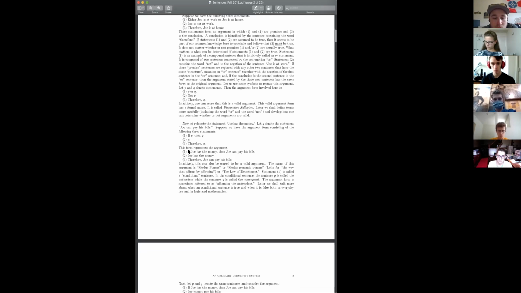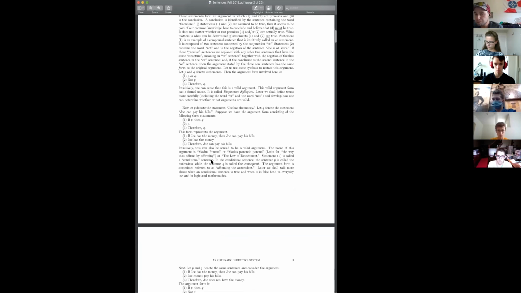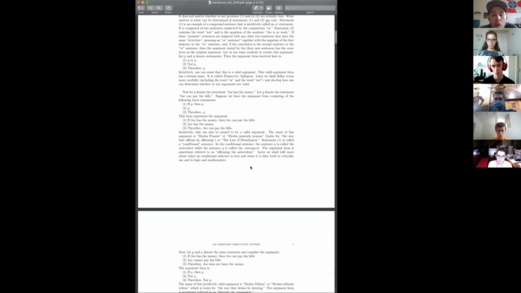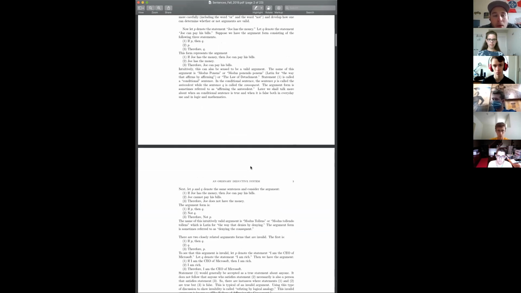The sentence with an if-then in it is called conditional. It's also called a material implication. I don't think I said that. If you want to get all highfalutin and sound like you know something, you can call the first part the antecedent and the second part the consequent. And we can get all technical about all this, but we're not going to. We're just going to use this stuff every day, but not use all these fancy names.